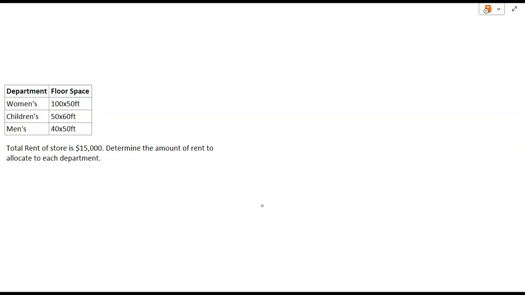The first thing we want to do is figure out the complete floor space of each department. So 100 times 50 feet is 5,000 square feet. 50 times 60 feet is 3,000 square feet. And then 40 times 50 feet is 2,000 square feet.